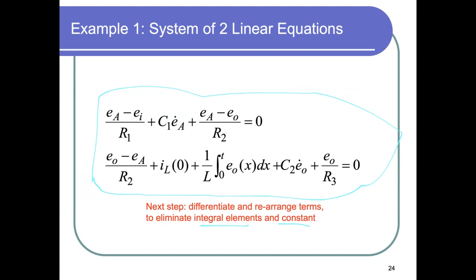In a differential equation, I cannot have an integral, so I need to take the derivative. This way, this constant will disappear, and this 1 over L E naught will simply become 1 over L E naught of x of t.